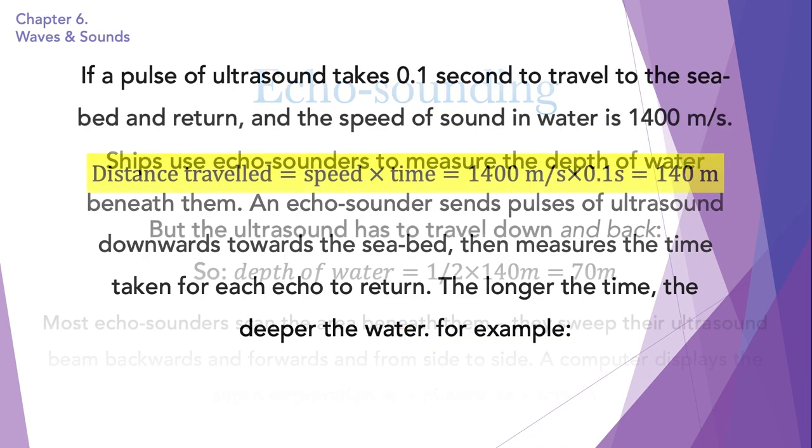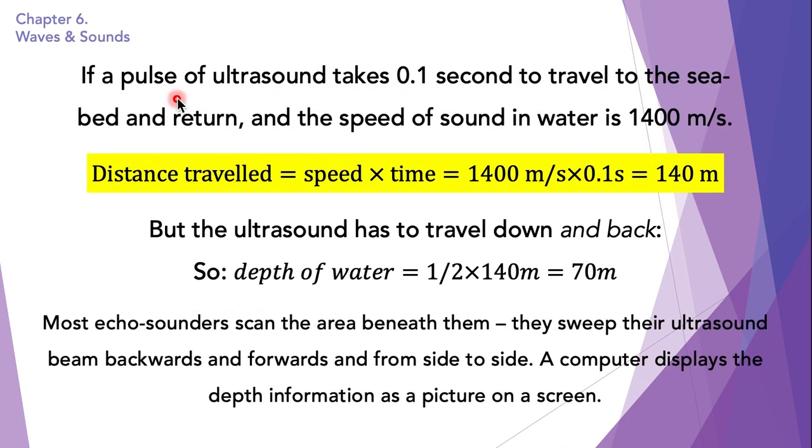For example, if a pulse of ultrasound takes 0.1 second to travel to the seabed and return, and the speed of sound in water is 1400 meters per second, then the distance traveled would be equal to speed multiplied by time. We get 1400 meters per second multiplied by 0.1 seconds, and we get 140 meters.